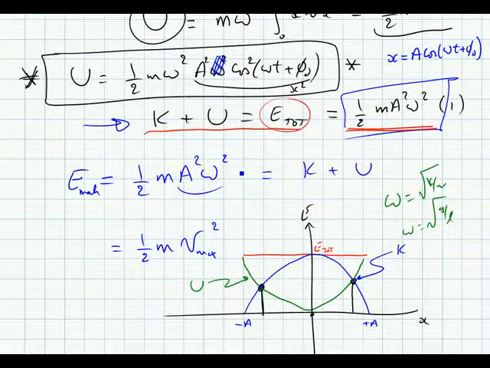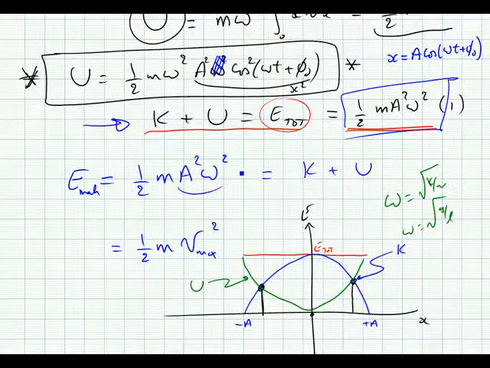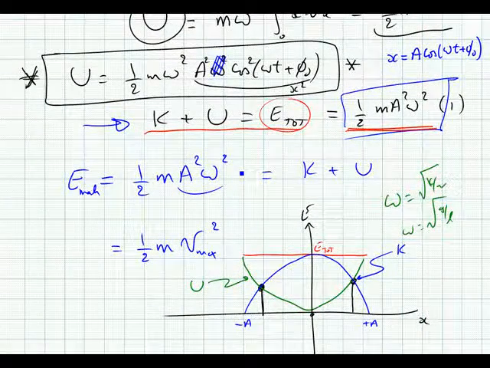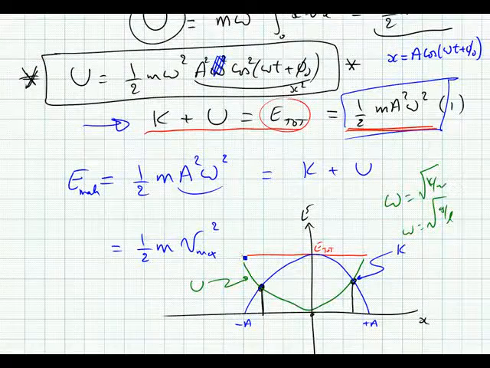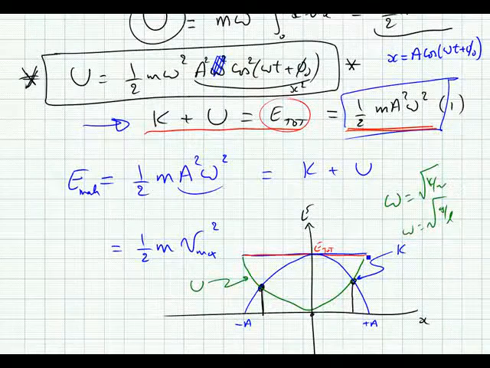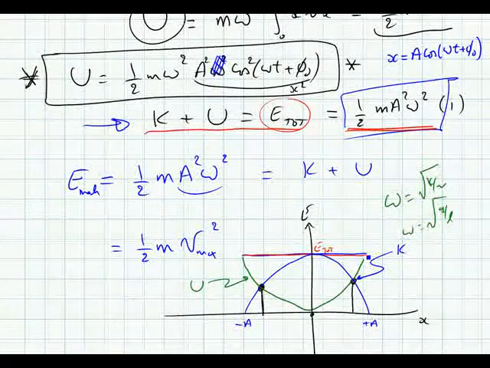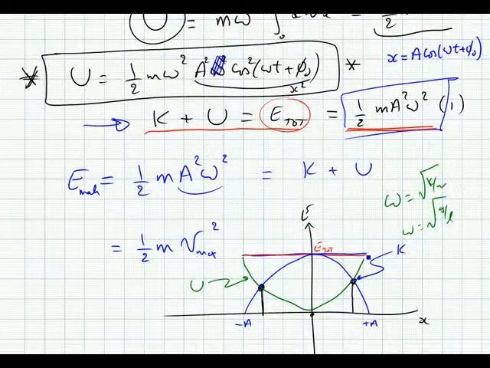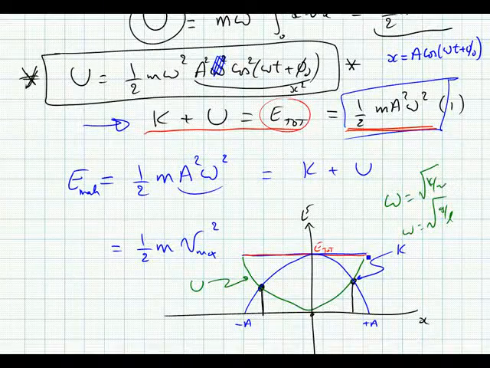Notice that both these values are constants for a simple harmonic oscillator, which means that the mechanical energy of a simple harmonic oscillator remains constant. That's that red line here, and the kinetic energy follows the blue curve.